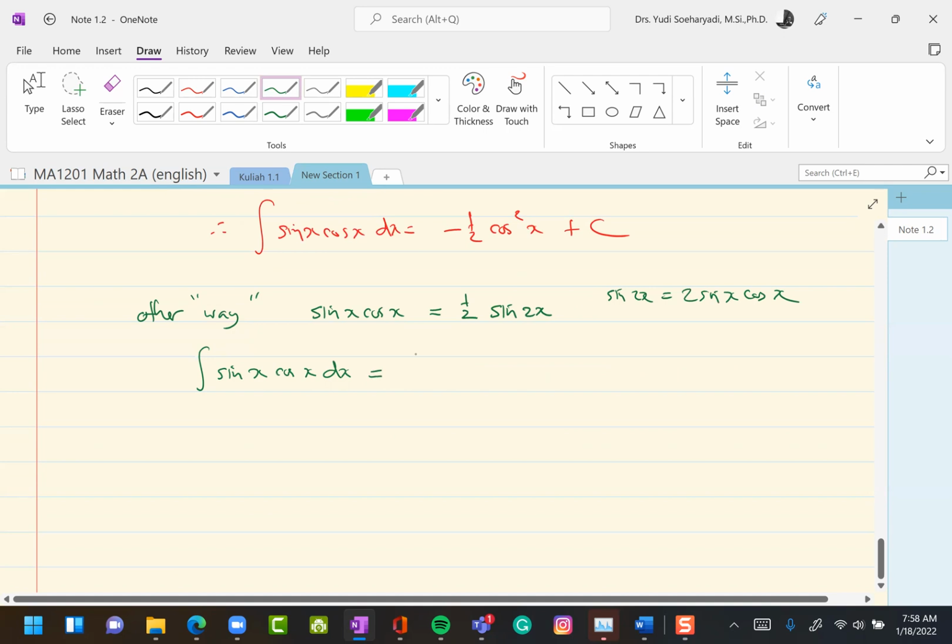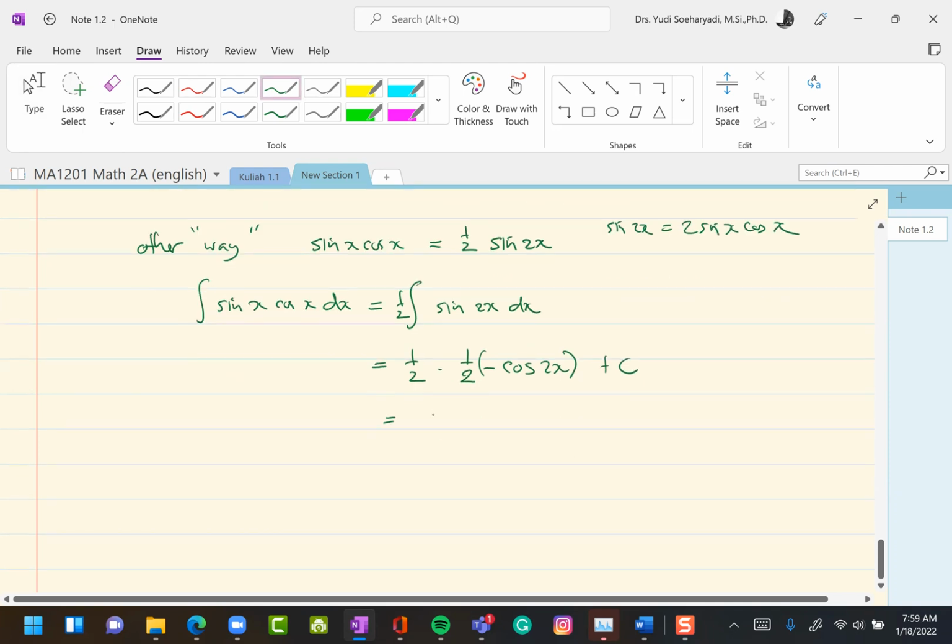So we have 1/2 times the integral of sine 2x. The integral of sine is negative cosine, but this is another 1/2, so this gives you negative 1/4 cosine 2x.